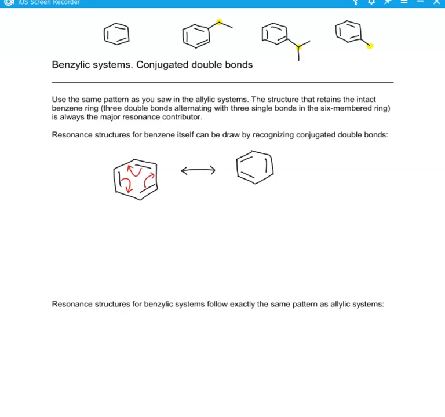And as you might guess at this point, and you'd be right, these are equivalent contributors. And what they're doing is showing the delocalization of electron density around the ring. So sometimes to draw the resonance hybrid of benzene, people just draw a circle in a hexagon.